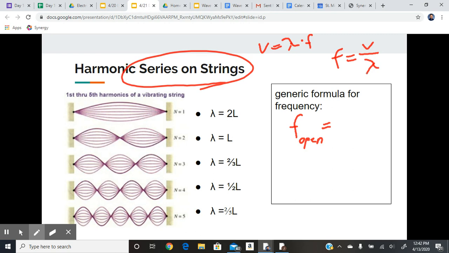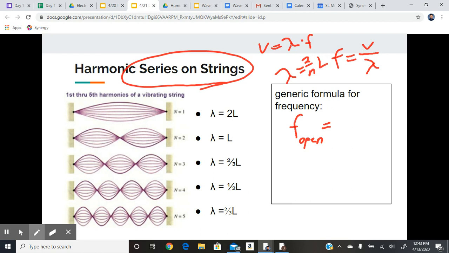Well, that wavelength is going to end up basically being 2 divided by n, where n is my number of bumps, or basically whichever harmonic you are in, multiplied by L, or length of the string.